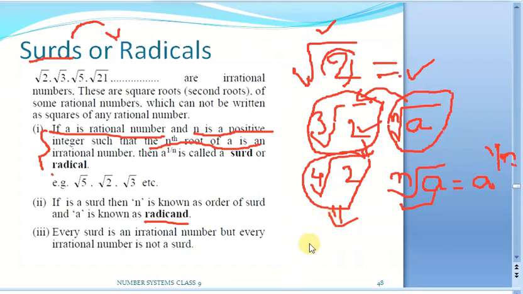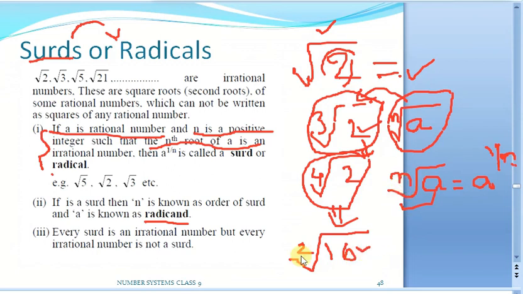Suppose I take the square root of 16. If I write 2 or not, it doesn't matter, because by default square root means the power 1 by 2. Now is it a surd? That is my question. Let us begin with our basic process. First, inside there has to be a rational number. 16, is it a rational number or not? Yes.